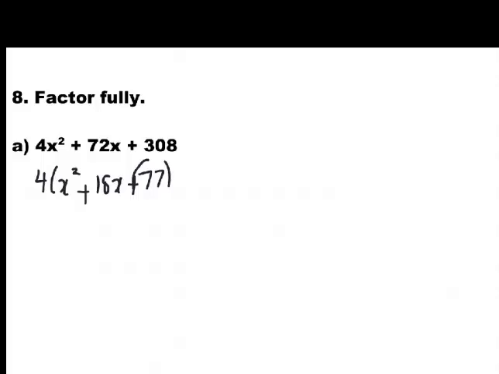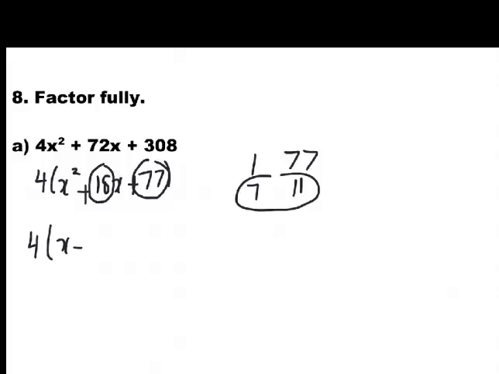I have to find two numbers that the product is 77. Those two numbers can be either 1 and 77 or 7 and 11. Between these two pairs, I have to pick the one with the sum equal to 18. And the correct one is 11 and 7, so I get 4 times x plus 7 times x plus 11.